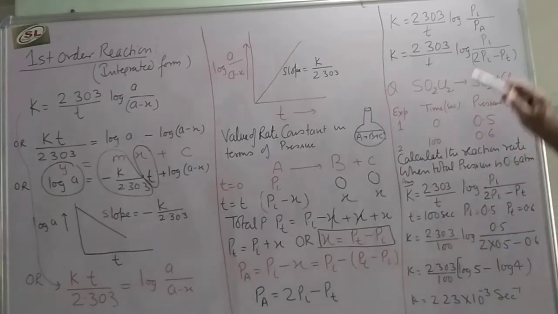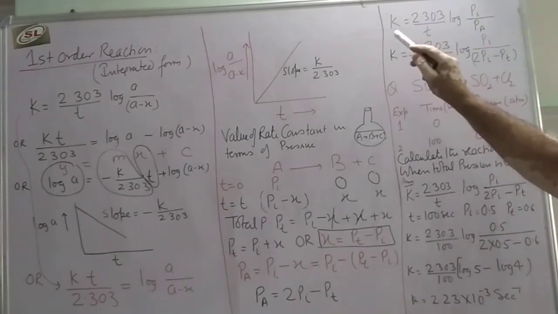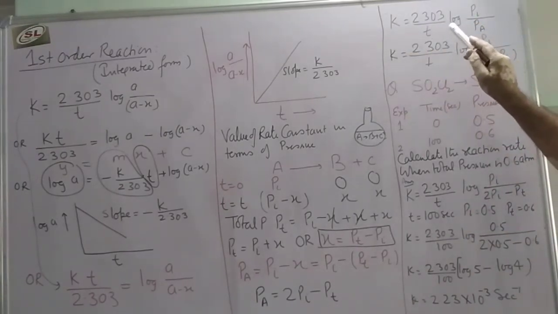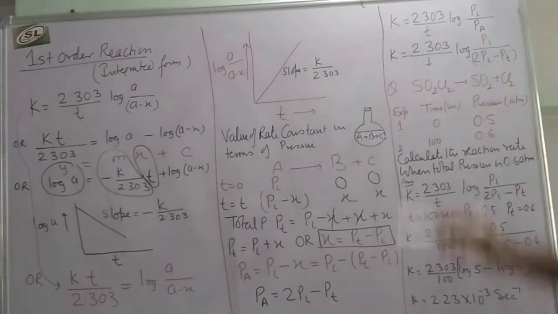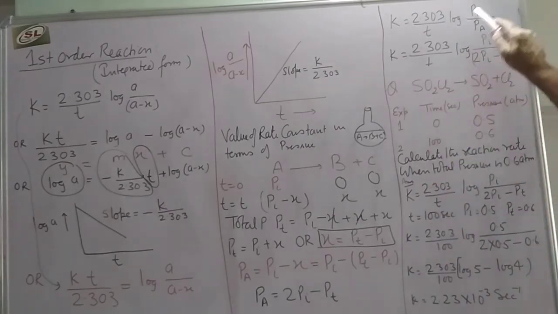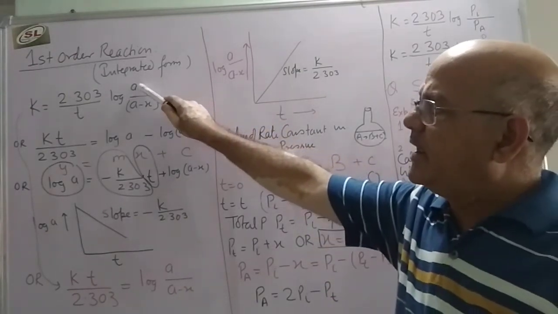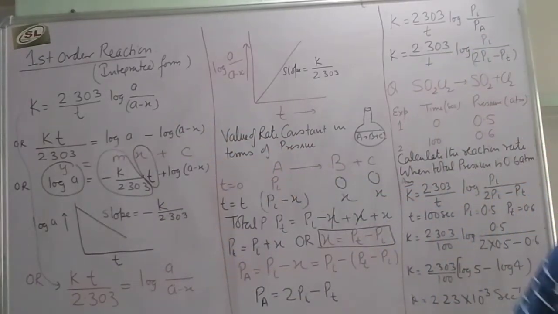Now, how can we write the integrated equation for the first order in terms of pressure? k = 2.303/t log (initial pressure / pressure of A at time t). Here a is the initial concentration and a − x is the concentration of reactant left behind at time t.